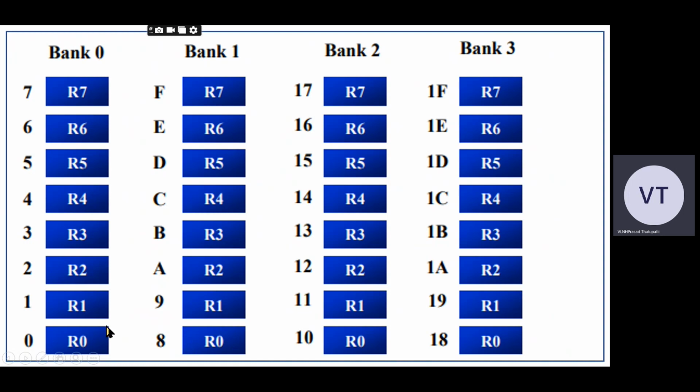You can see here bank 0 R0 and bank 1 R0. The names are the same, but the addresses are different. Similarly, bank 2 and bank 3 names are the same, but the addresses are different.